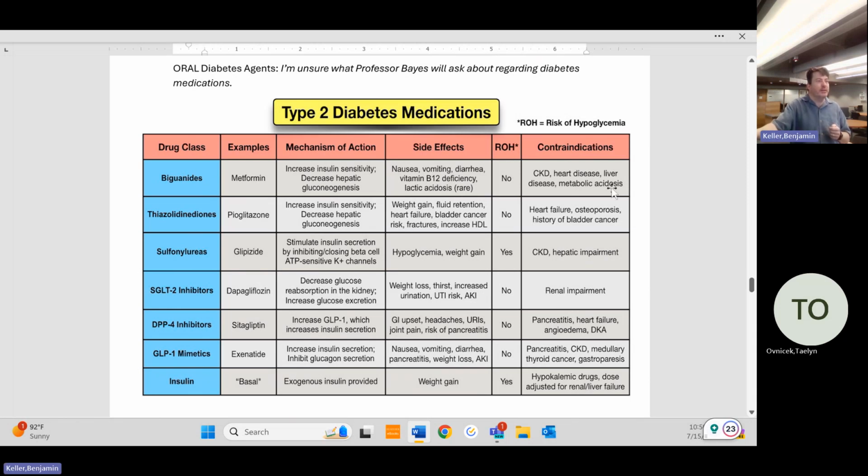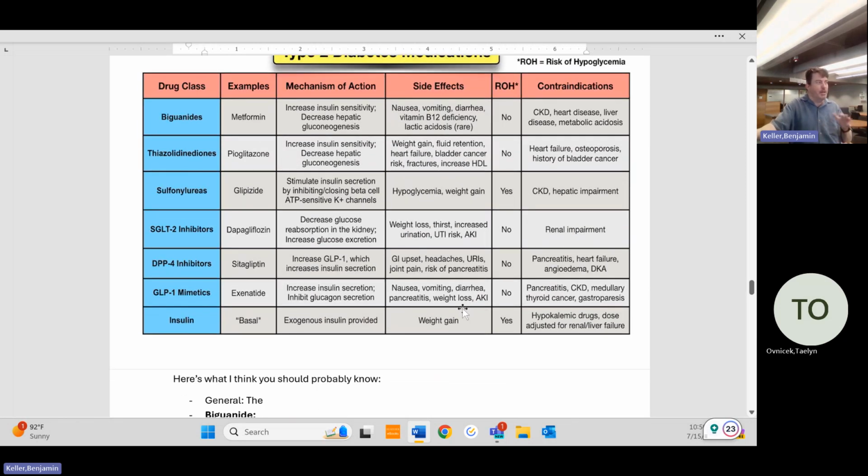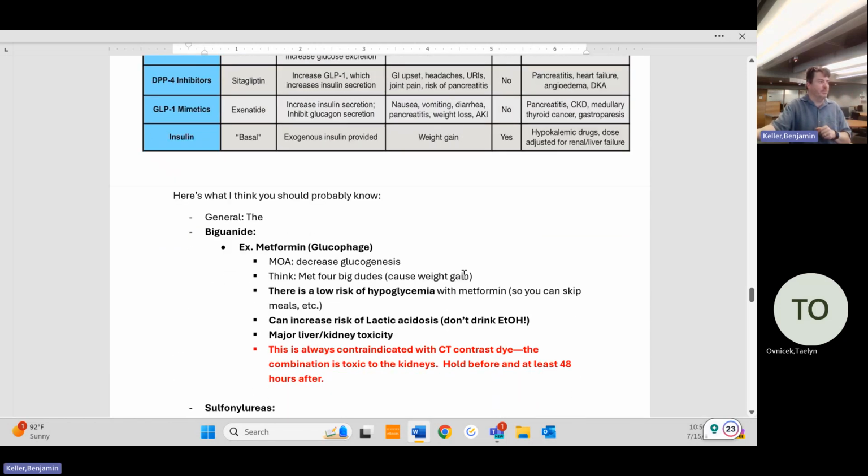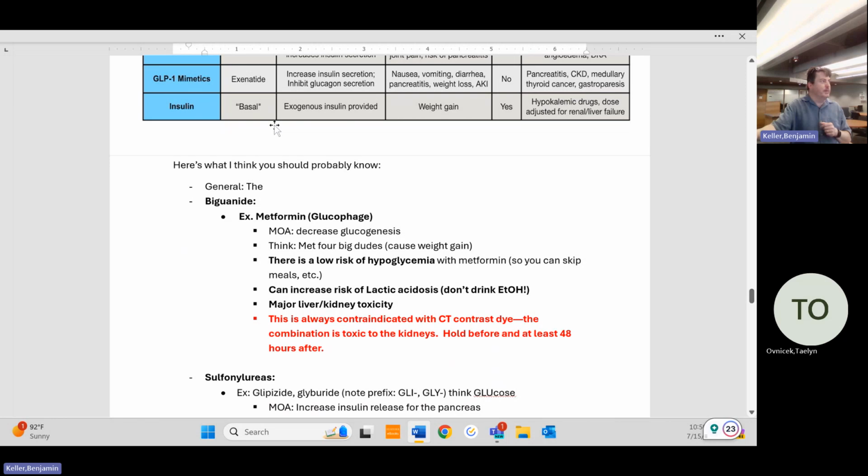And then you might want to see when these are contraindicated. Or the other thing is weight gain or weight loss. Some of these have weight loss, some have weight gain. So I wouldn't necessarily go too deep in here, but I would talk with Bayes to find out what you need to know. But this is what I think you should know, because these are the questions that I've seen.